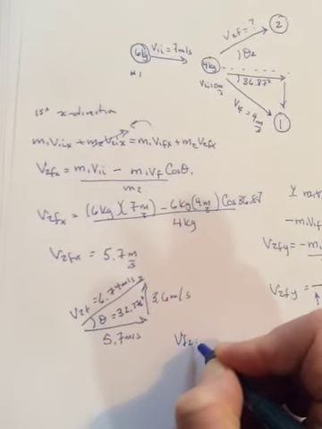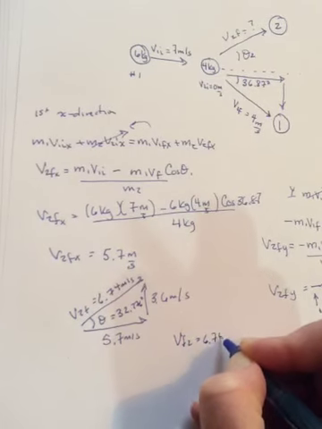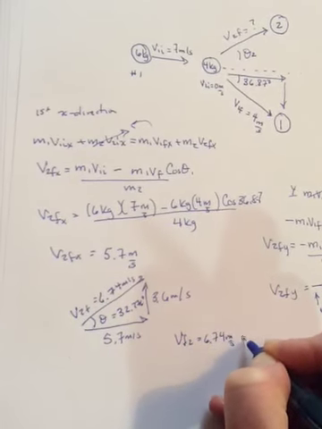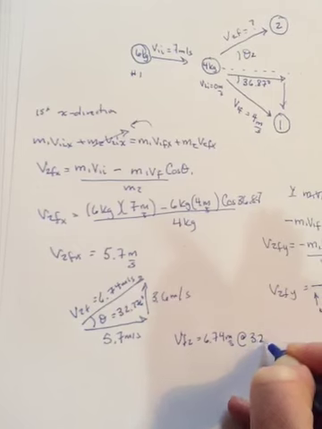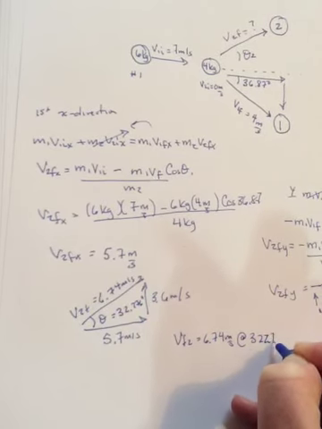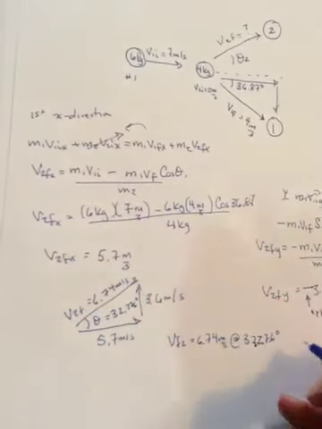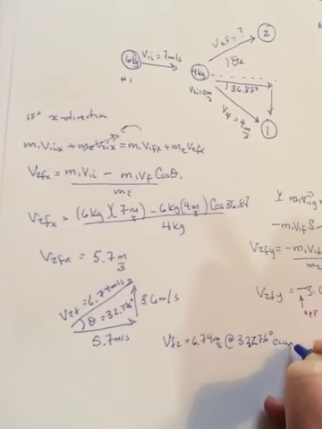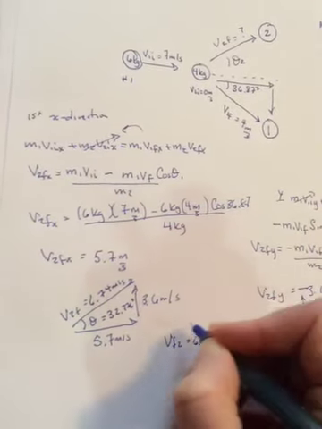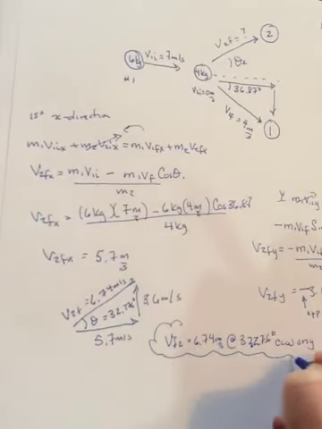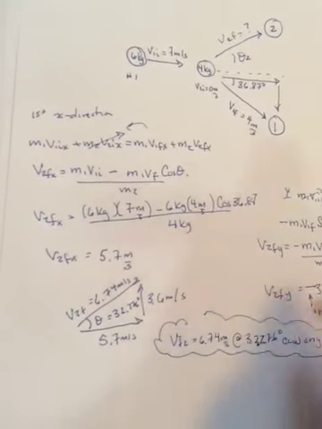So V2F is 6.74 meters per second at 32.276 degrees, counterclockwise from the original. So that's my V2F, which we've been finding for a couple of days.